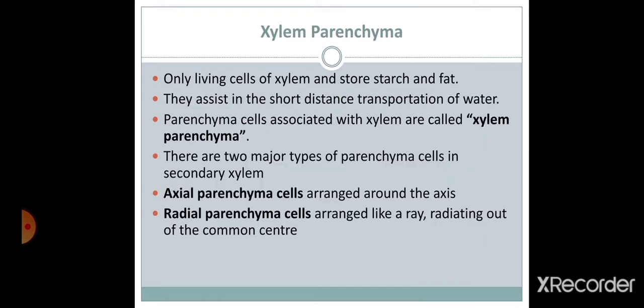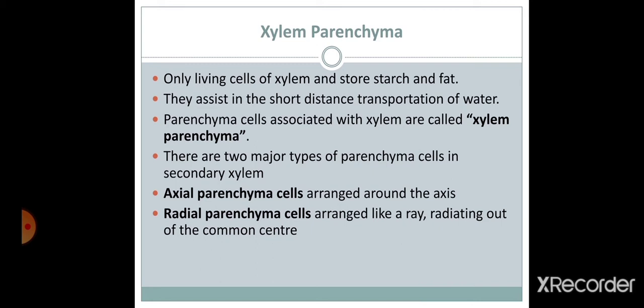The next one is xylem parenchyma, which is also known as wood parenchyma. The parenchyma cells closely associated with the other elements of the xylem are known as the xylem parenchyma. They are living cells.